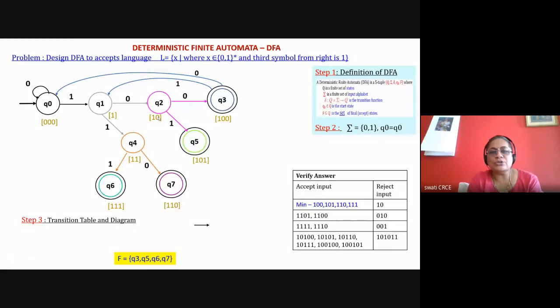With this logic you can draw, or you can apply your own logic. So in Q5, you tell me the answer for 0, where it will go, and for 1, where it will go. If it is 1, then it will be 1011. So in Q5 with 0 and Q5 with 1, what are the answers?